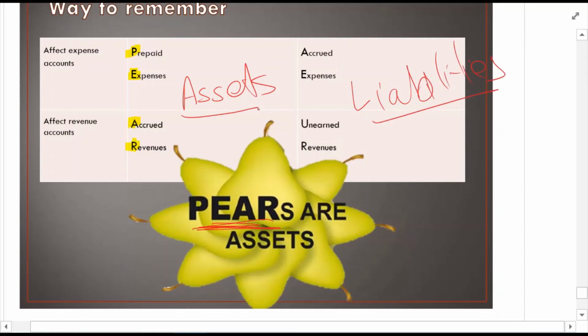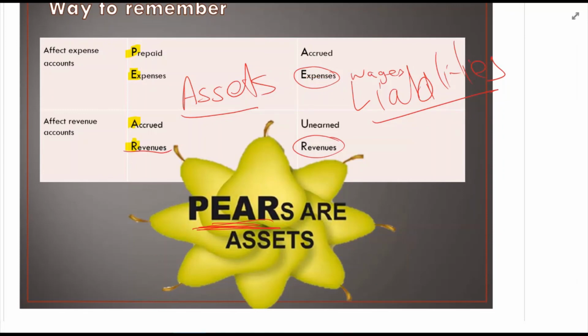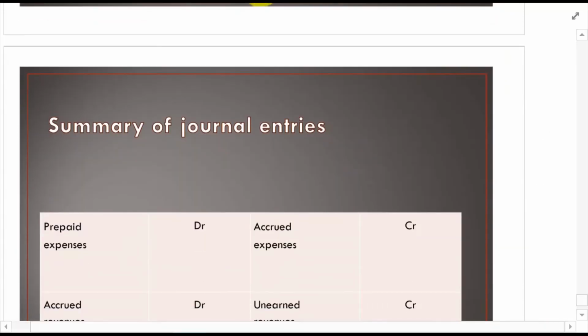There's nothing wrong with using slightly different variations of these if it helps you remember. So if we have accrued wages, if that helps you remember, you can use it, but the most correct way of doing it is accrued expenses. It just helps clear things up when it comes to writing these in the ledger.